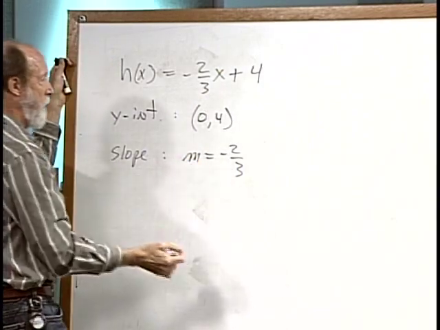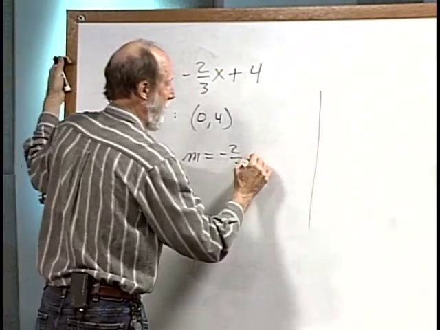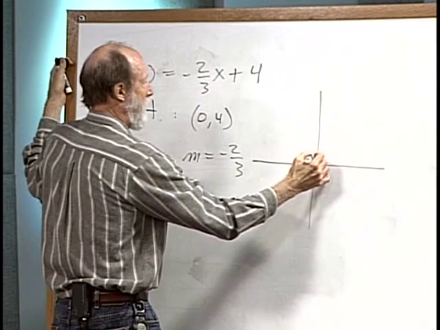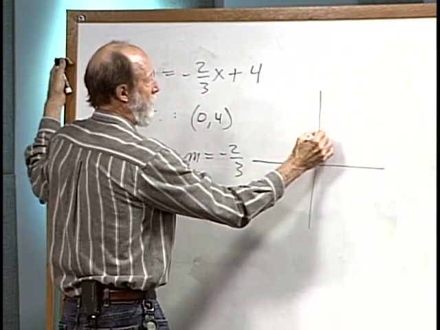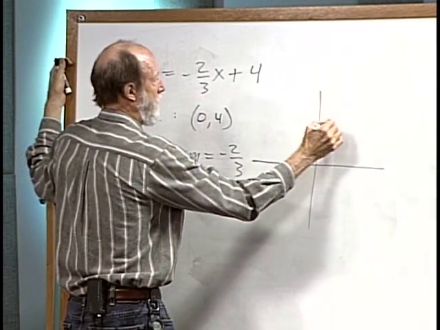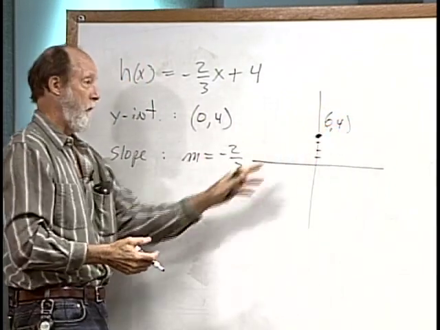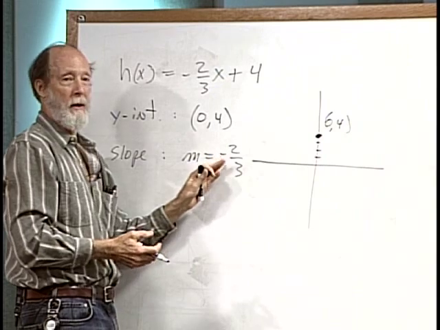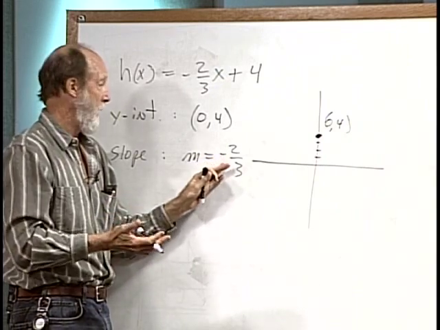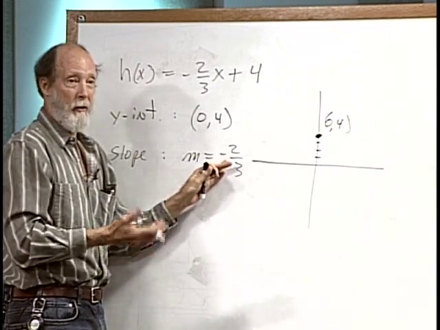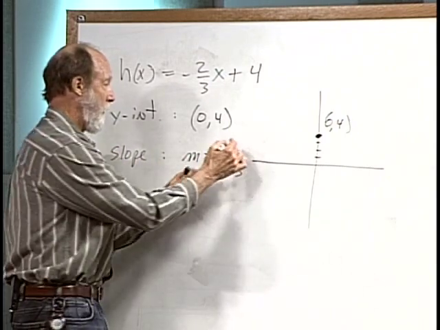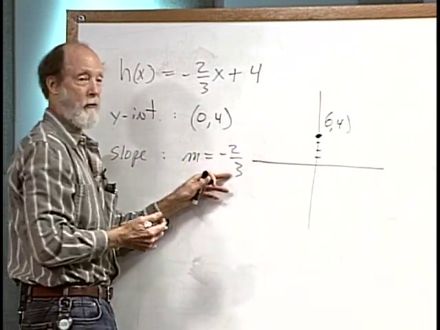So with that information in mind, we could draw a sketch of this. We have to have a point to get started drawing a linear function, and then from that point we stair-step our way using the definition of slope, change in y over change in x.